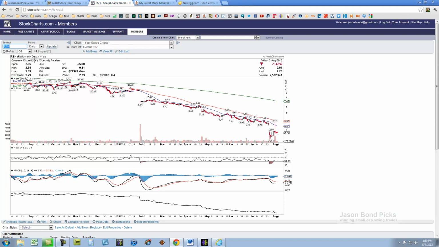I go in there and I feel like the fluorescent lighting is flickering, and I know for sure that I'm just not going to trade Radio Shack, even though it's oversold, even though it had a nice 50-cent bounce right there. I'm just not going to trade that. Why? Well, look at the chart. Other people feel the same way. It's been getting buried, and there aren't a lot of nice bounces. So I hate to say it, but my perception of the stores also rolls over into my perception of the stock.